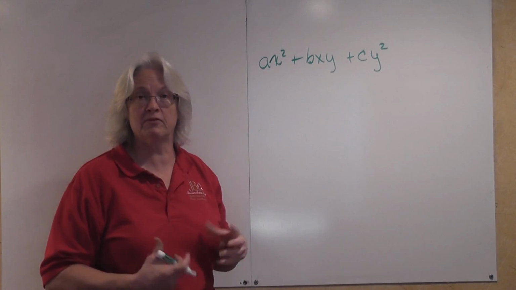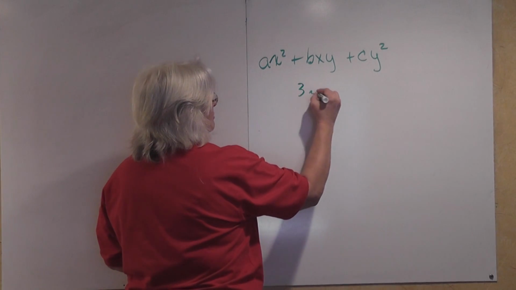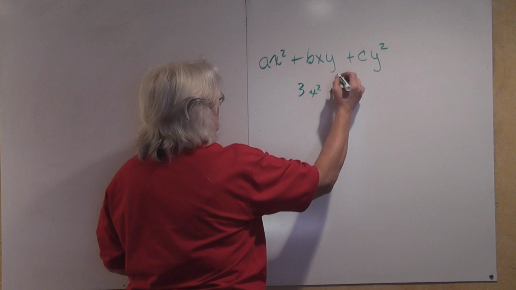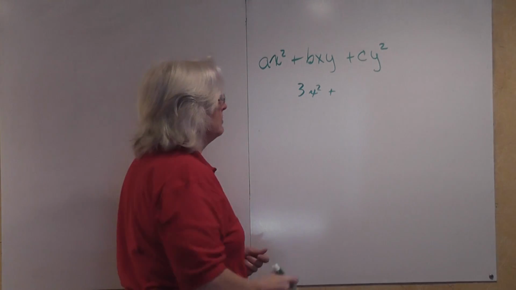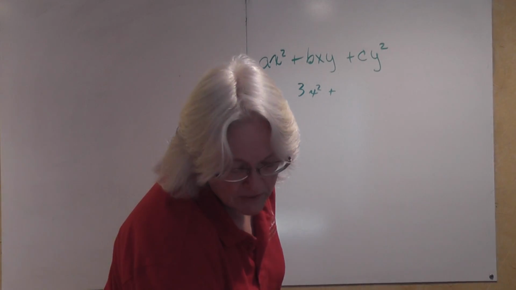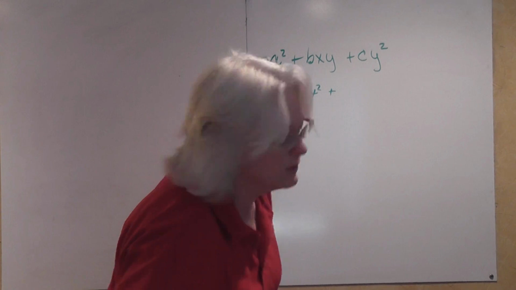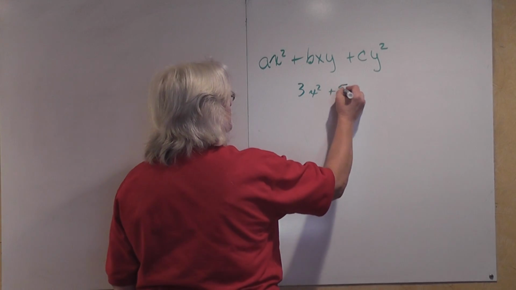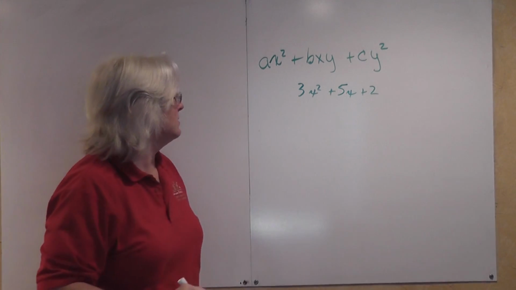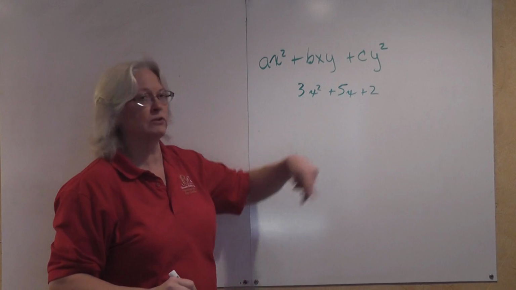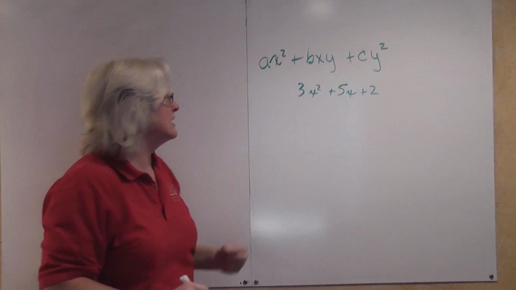What we had been doing factoring before was something that would look like 3x squared plus 5x plus 2. Ax squared plus bx plus c. This is the only difference.